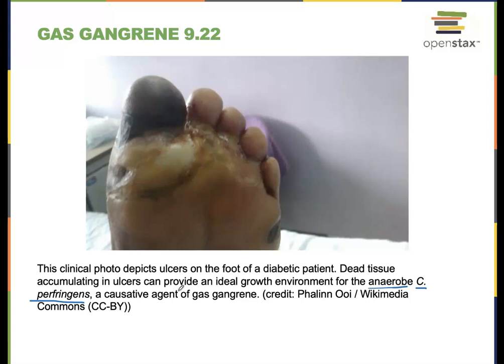Your blood is full of oxygen; your blood is carrying oxygen on hemoglobin. So this kind of infection happens when you have an injury or some kind of issue with the tissue where the blood supply is blocked, so that you're creating an anaerobic environment.